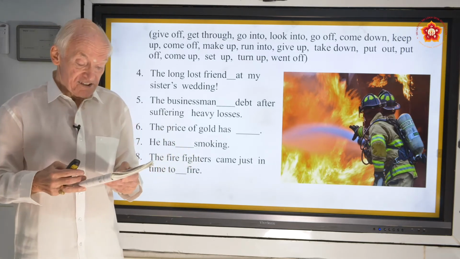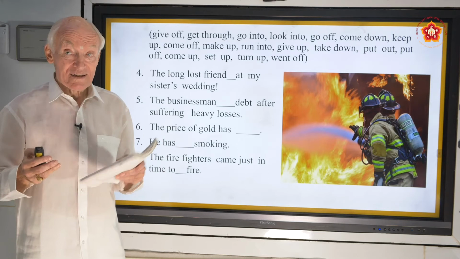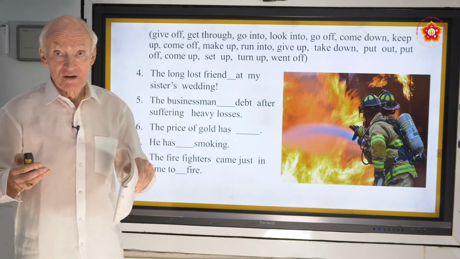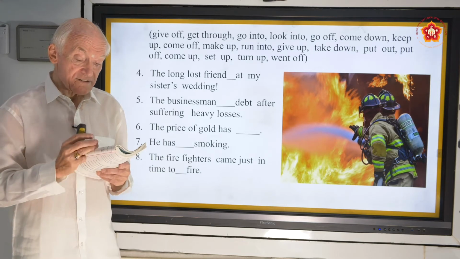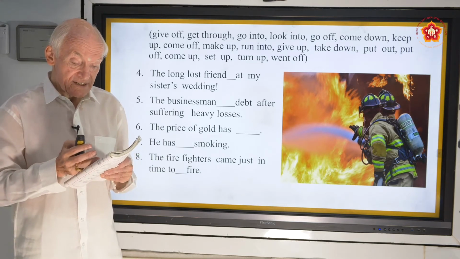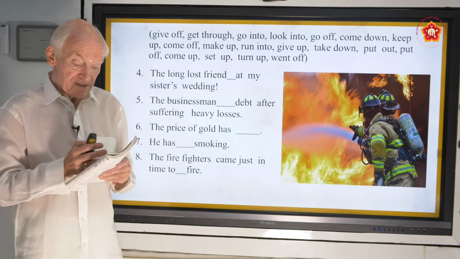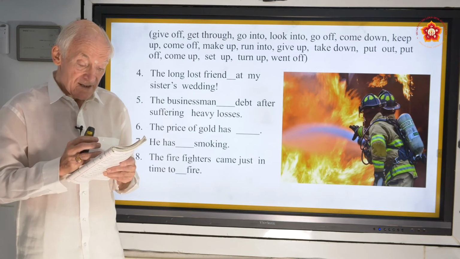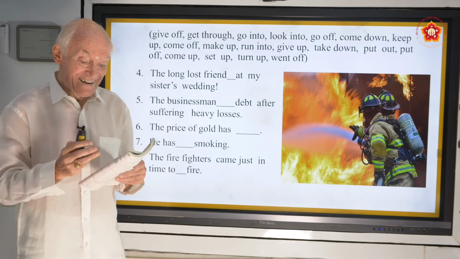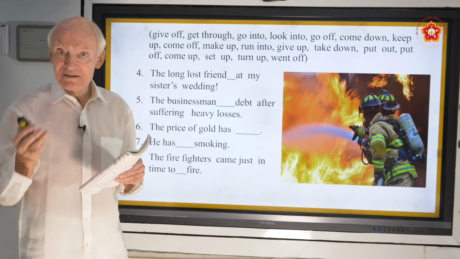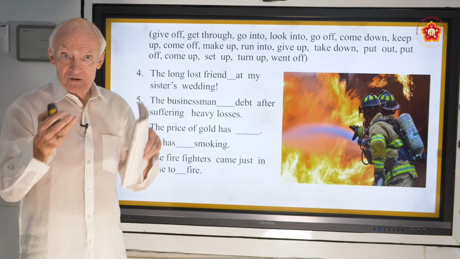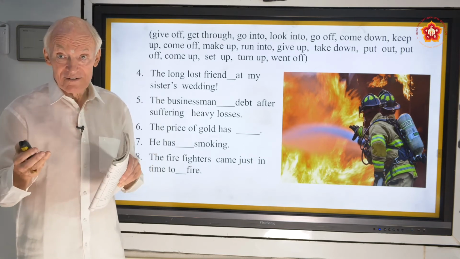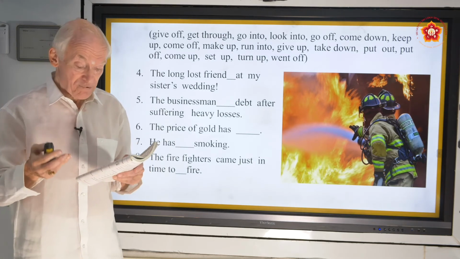Next one is the price of gold has, and the price at this time was going lower, okay? So it's going somewhere. So we look at the phrasal verbs and we see take down, give up, come off, come up, come down, okay? So we see that the price has come down, and while the physical gold didn't come down, the price had come down. So we understand they're talking about price.